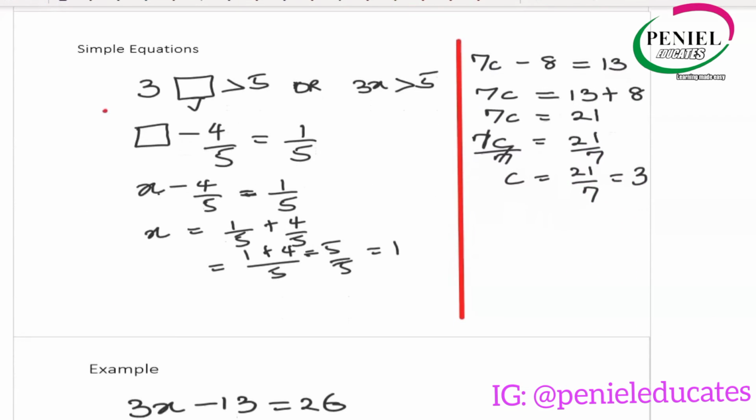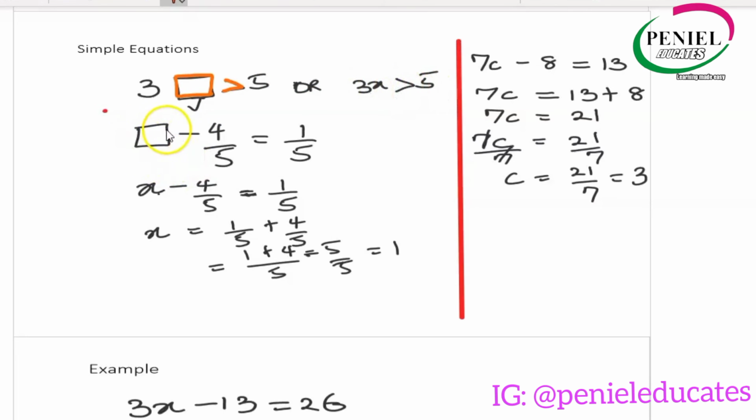So let us take some other examples of other equations. You can be given any of such.